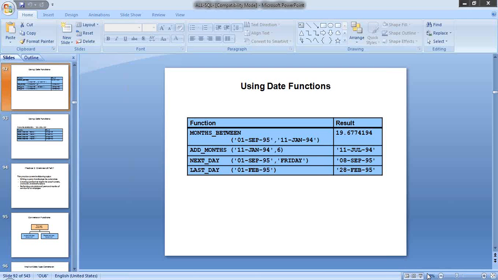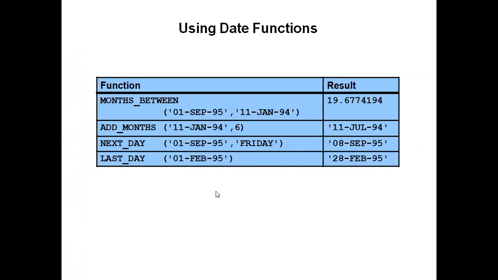You can see that on the screen. 1st September 1995 is a Friday. So if you add 7 days, the next Friday falls on 8th September 1995.